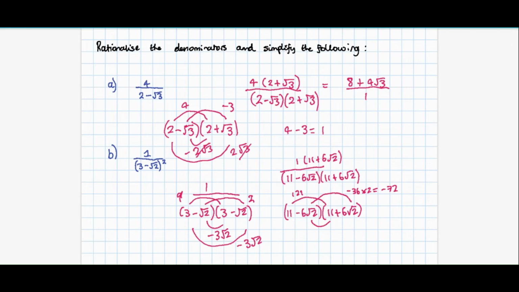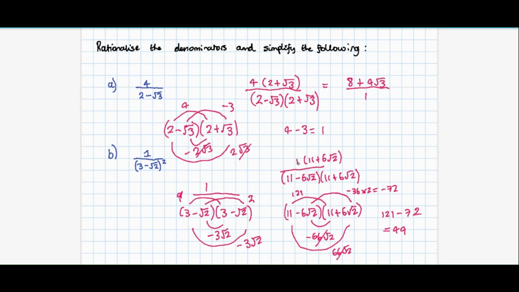And then we're going to do 11 times minus 6 root 2, which is going to be minus 66 root 2. And then we've got 11 times plus 6 root 2, which is going to be 66 root 2. So these bits again will cancel, so we don't need to add them. And then we've got 121 minus 72. We get the calculator out there. And that equals 49. So that's the denominator added there.